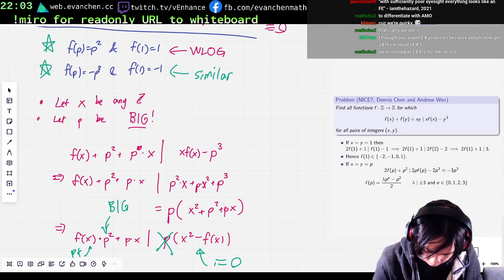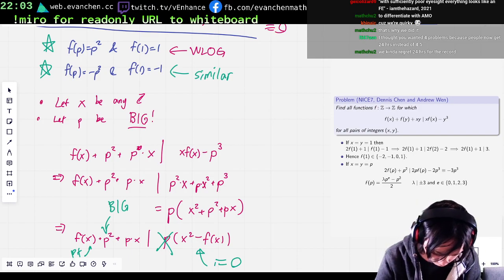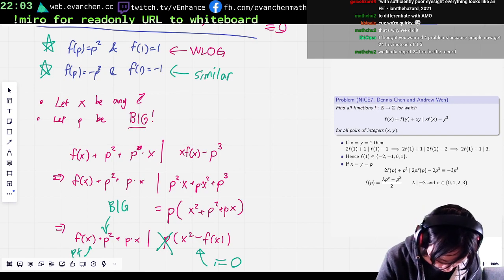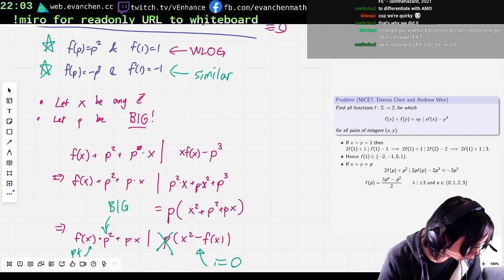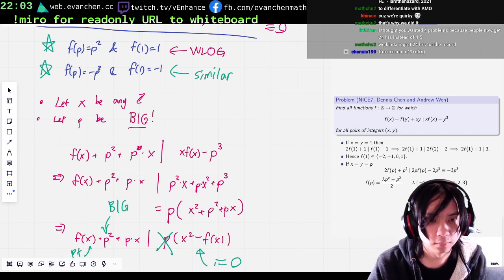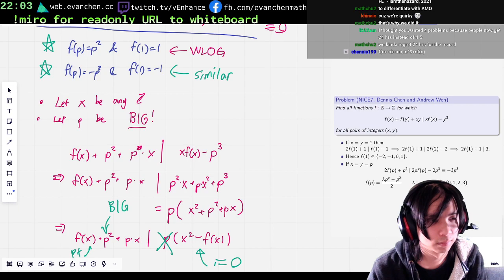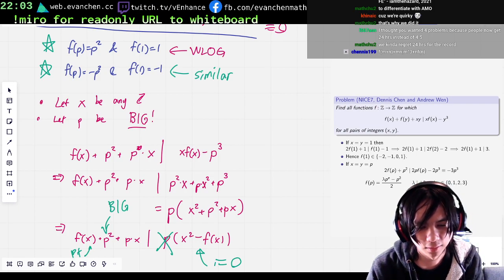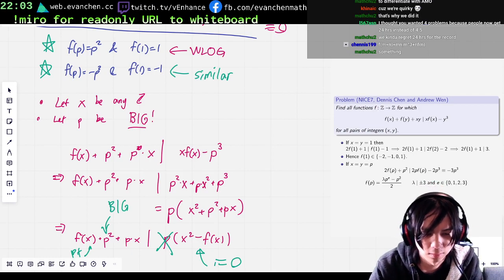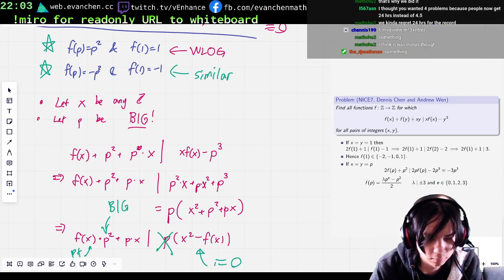The original problem wasn't this, by the way. It was something like f of m plus mn divides m cubed plus nf of n. Something like that. Is that right? I don't remember. Should be on the thread somewhere.